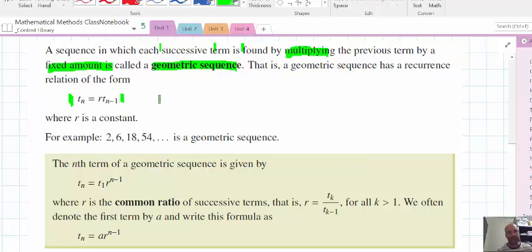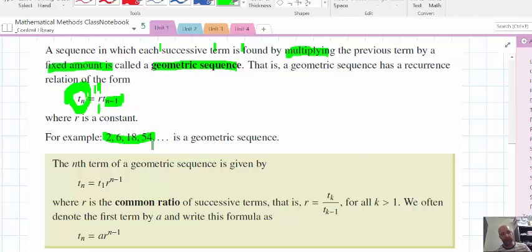To go from one term to the next, we get the previous term, t sub n minus 1, multiply it by this constant multiplier, this fixed amount, and you get the next term. Or another way of looking at it, to get the term that you're at, you would have had to take the previous term times that fixed amount.